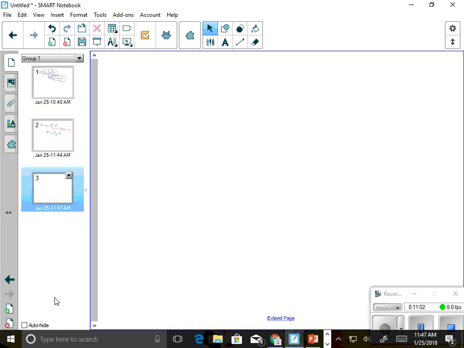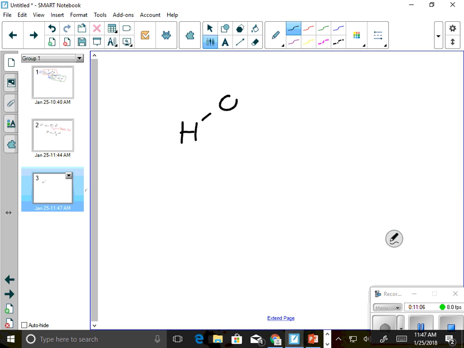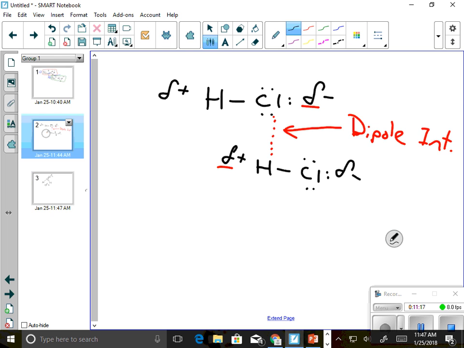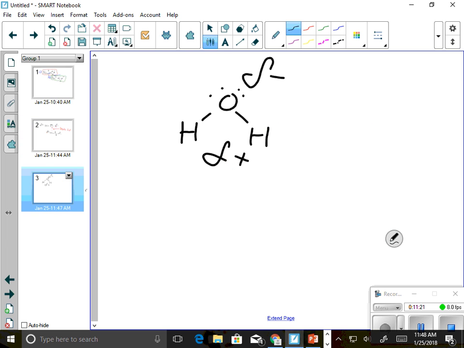So if I draw the Lewis dot for a water molecule, I'm purposely drawing my partial symbols larger in this example than in the previous example. Because since water is really polar covalent, it's more partial positive and more partial negative.